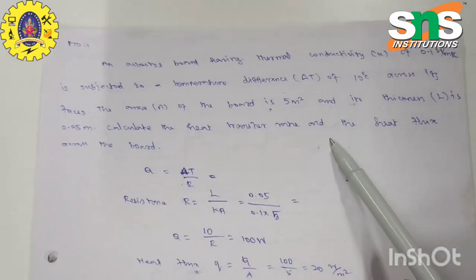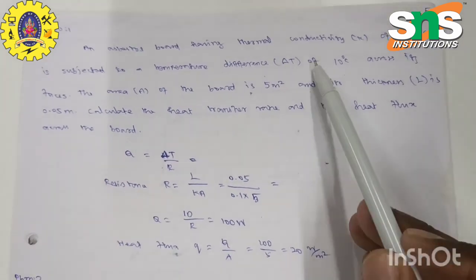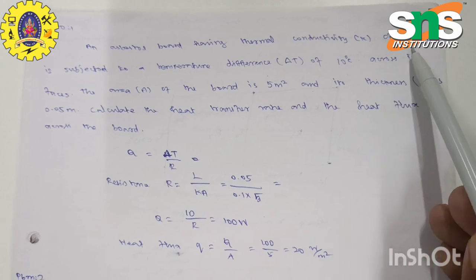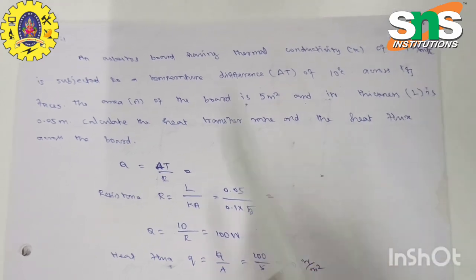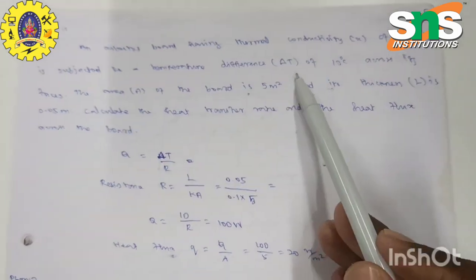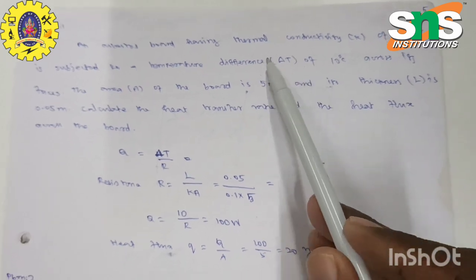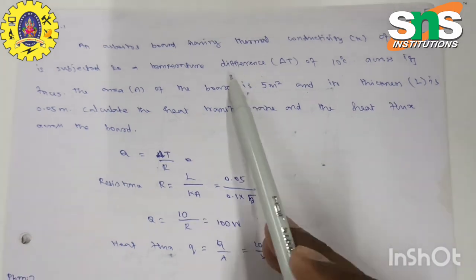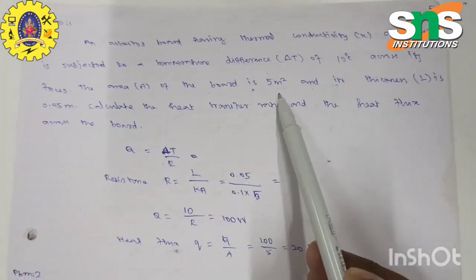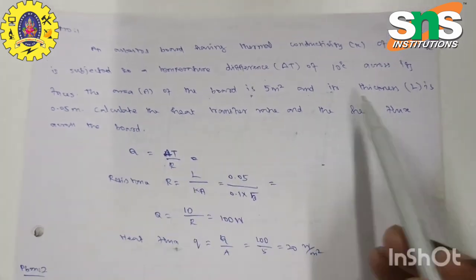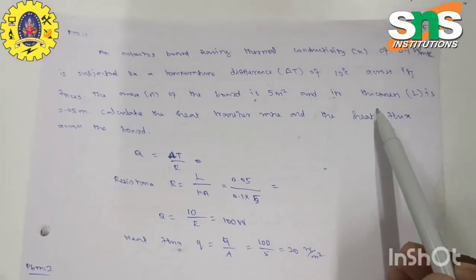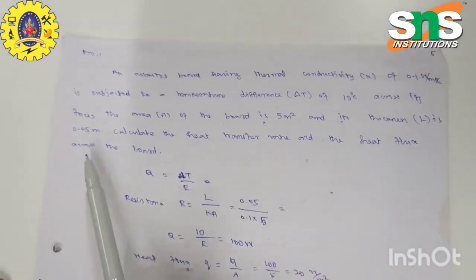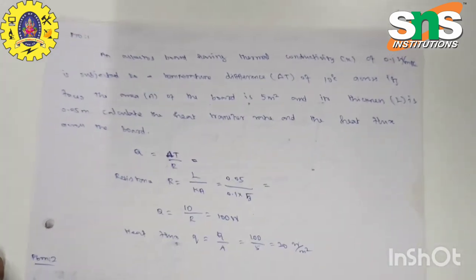In this problem, the given data are: thermal conductivity K is 0.1 watt per meter Kelvin, the temperature difference del T is 10 degrees Celsius, the area of the asbestos sheet is 5 meters squared, and the thickness L of the asbestos sheet is 0.05 meter.